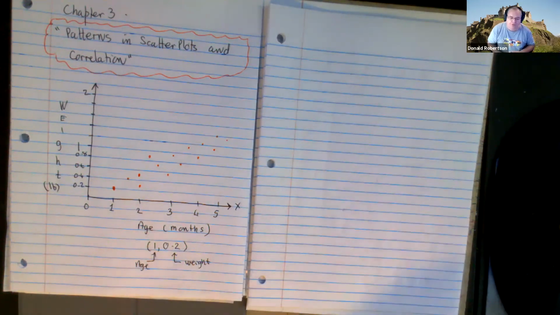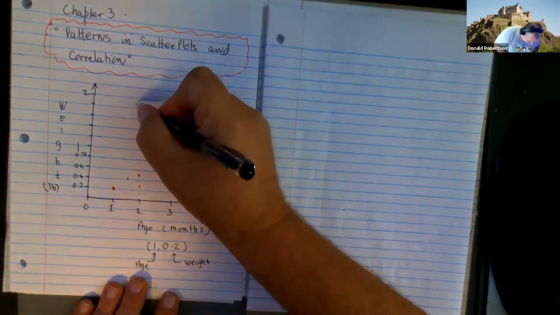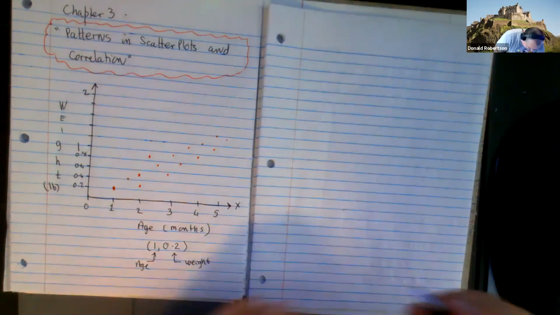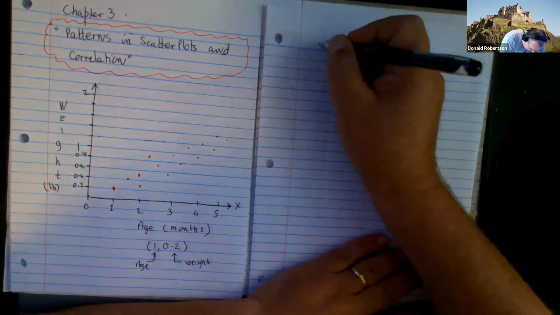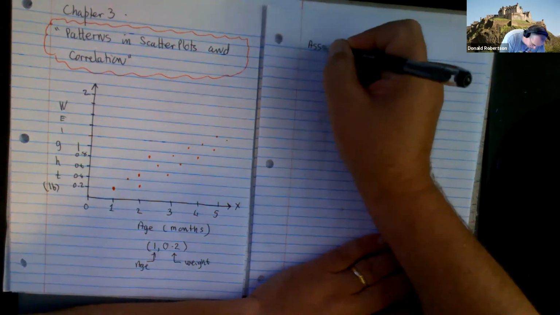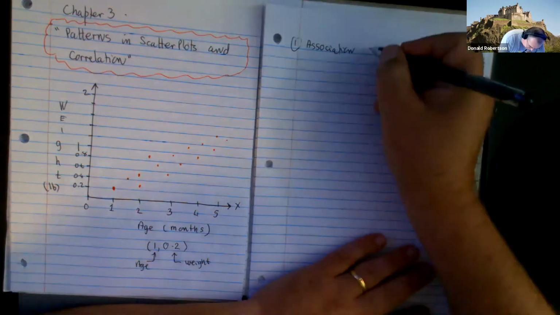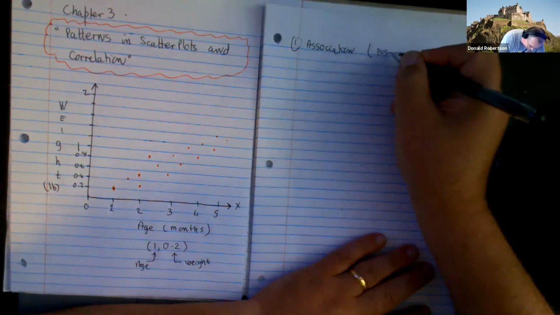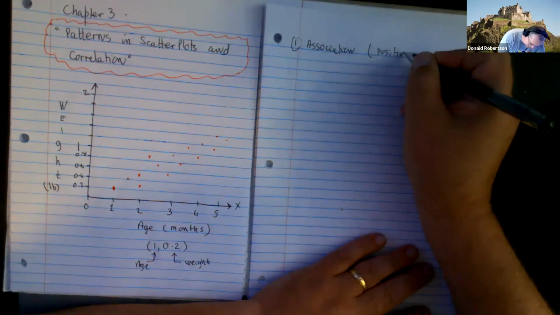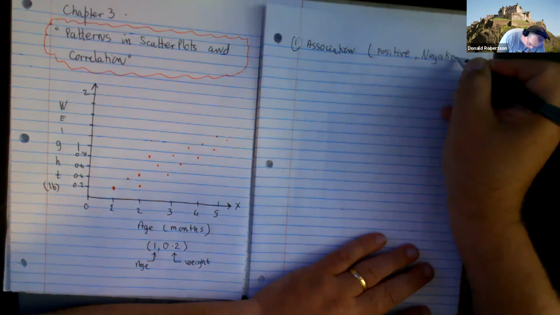So we are going to look at a number of different terminologies that we use when we deal with scatter plots. For instance, here's my first one. We tend to look at a term called association. Association can be positive, negative, or none.